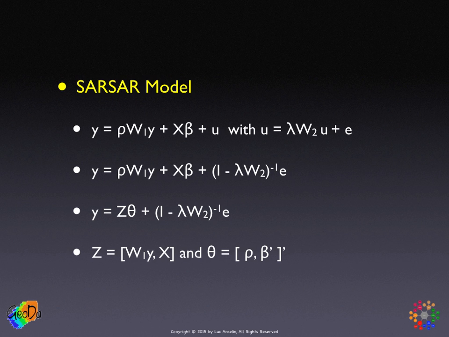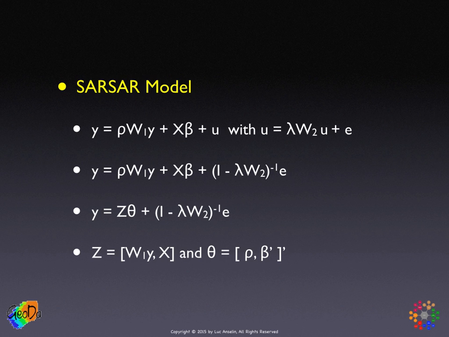Now, in practice, there is seldom a good argument, a good motivation, to have different weights for the substantive model, so to speak, with the spatially lag-dependent variable, and for the error model, but in general it is allowed.